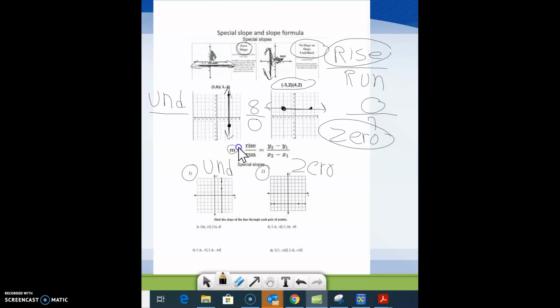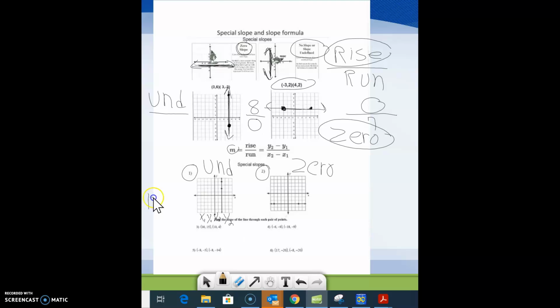So let's look at problem number 3 here. So that's my first X. That's X1. That's my first Y, that's Y1. Then you've got the second X, 10 is X2, and then 4 is Y2, all right? So we're looking at this.